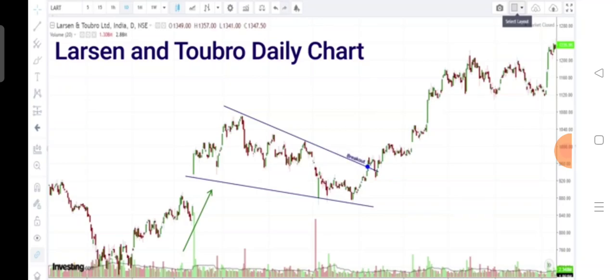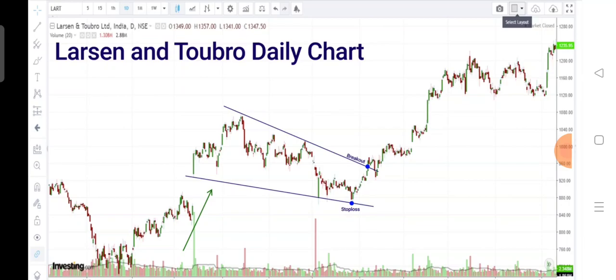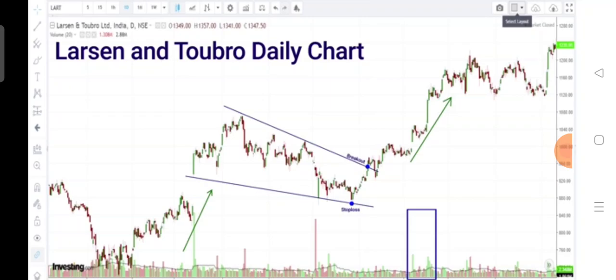When the price had initially broken out of this range, there was a slight pullback which took price just below the top of the wedge, but it didn't breach the lower boundary, and our stop loss should have been the lower boundary. As the up move picked up, the volume also increased. So this was a very nice example of a continuation wedge in the daily chart of Larsen and Toubro. Now let us look at some other examples also.